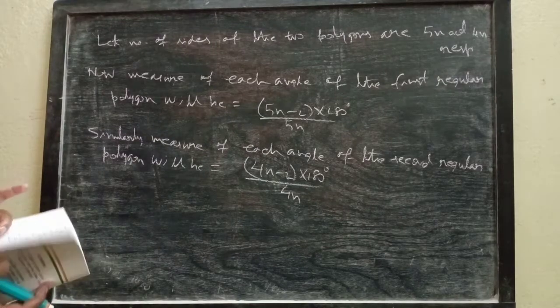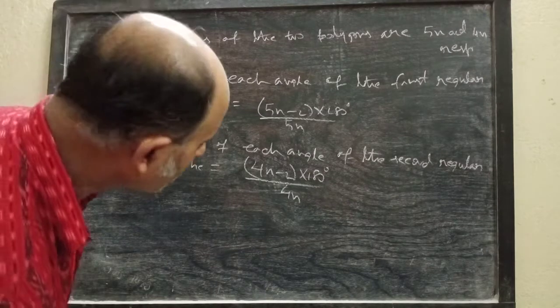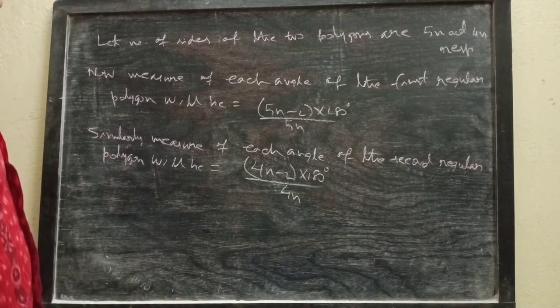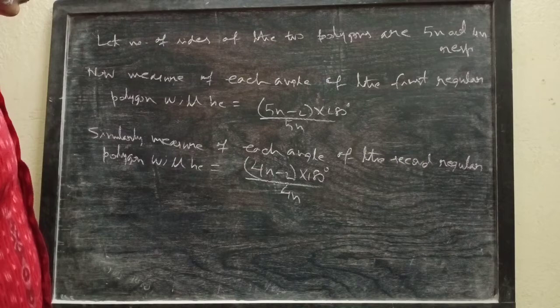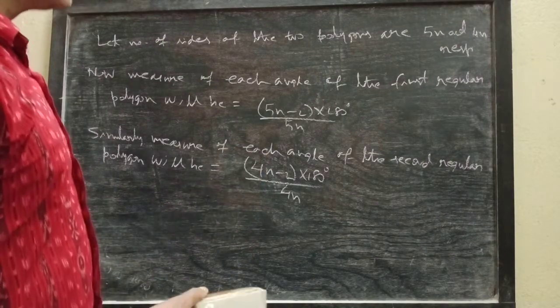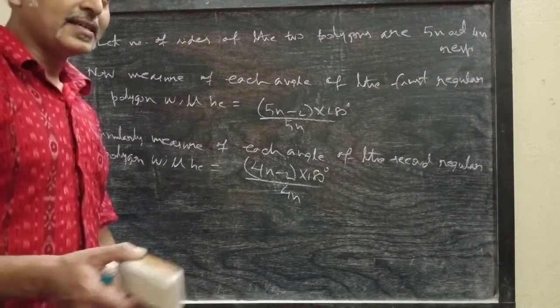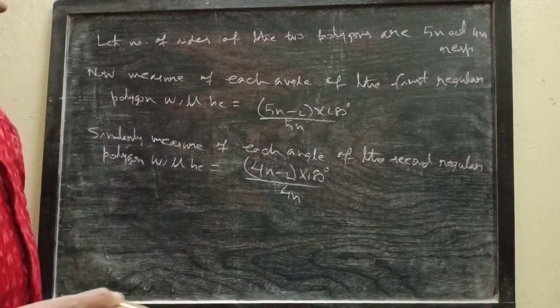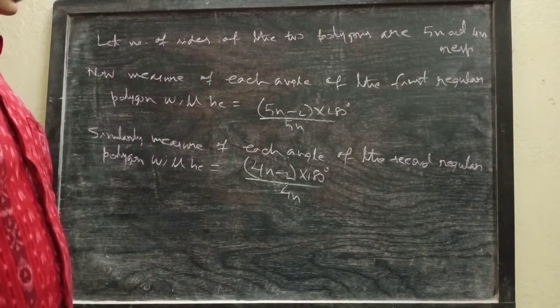Now their difference is 90. Which one is greater? The one whose number of sides is more will be greater, because as the number of sides increases, the exterior angle decreases, so the interior angle increases.